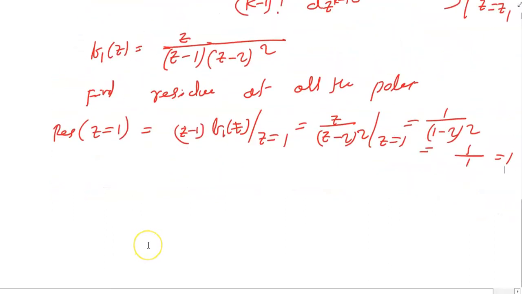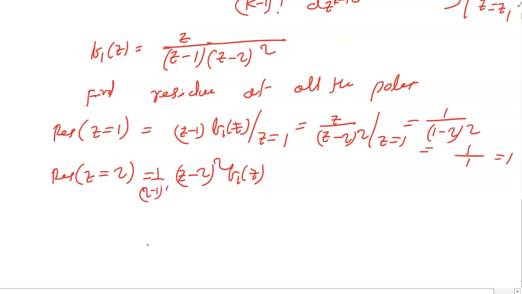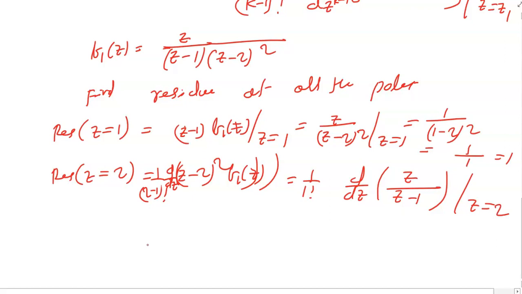Then next, residue at z equal to 2 is equal to multiply (z minus 2) square f1(z) and 1 upon (2 minus 1) factorial d upon dz, which is 1 upon 1 factorial d upon dz of z upon (z minus 1), evaluated at z equal to 2.